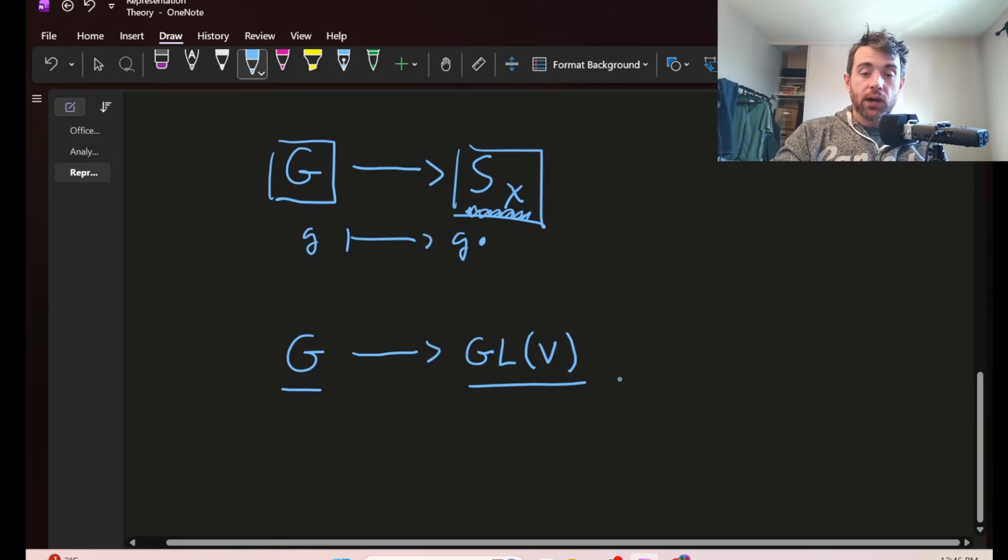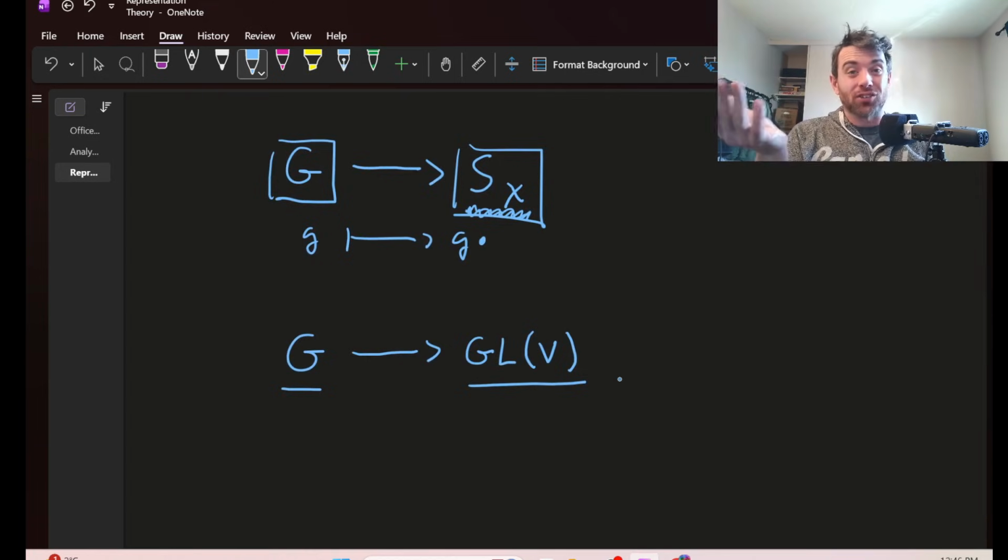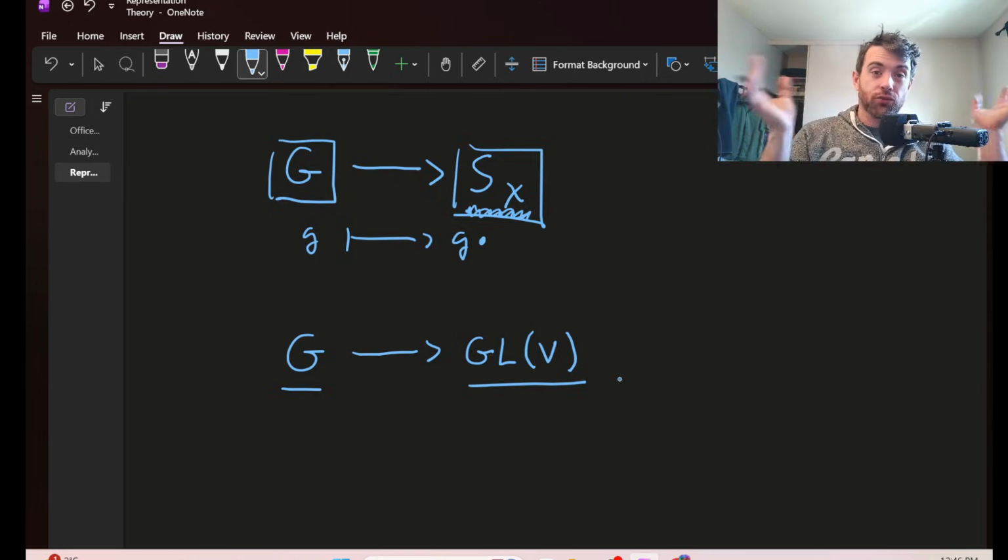So now we have to be careful. This could be an infinite dimensional vector space, and we will eventually see examples of that, although for the first while, we will be focused on representations of finite groups and finite dimensional vector spaces.